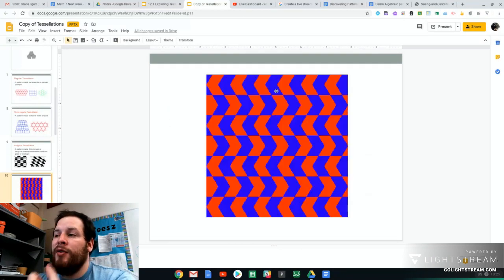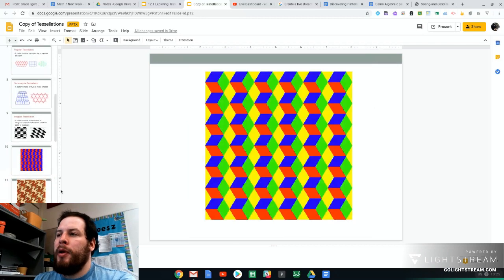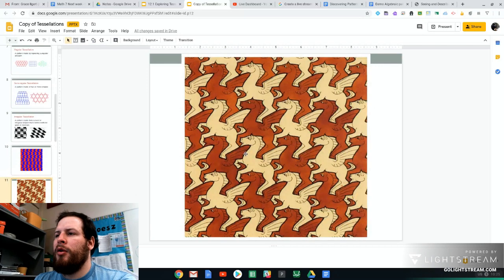Then we have a tessellation. So this is a regular or a semi-regular tessellation, but we have shapes going in two different directions, which we'll look at as reflections next week. Oh, we got a bunch of Pegasi, I think is the plural of Pegasus. I think these white and red Pegasi tessellating in the plane are very beautiful.